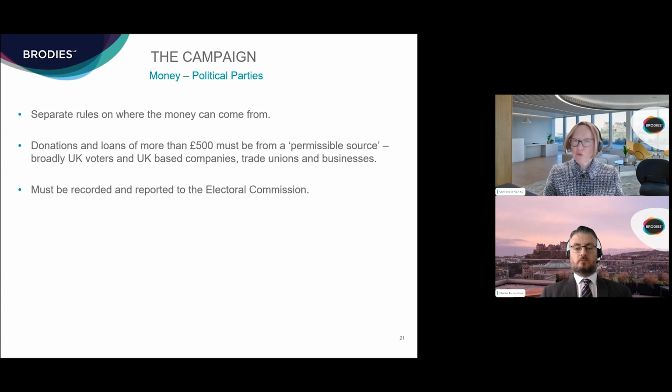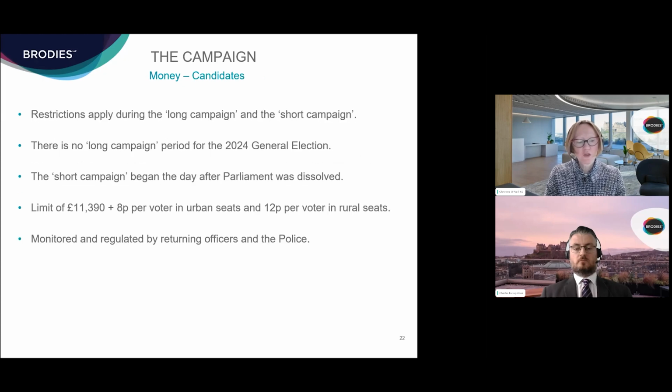In addition to controlling campaign finance for political parties, there are also rules around candidates. So restrictions for candidates are different whether we are in what's called the long campaign or the short campaign.